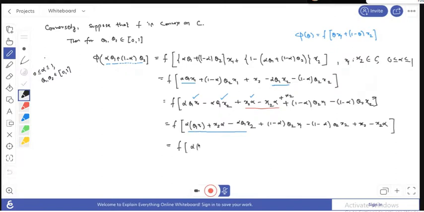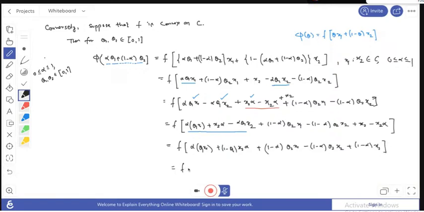We take alpha common, so this becomes theta 1 x1, and here 1 minus theta 1 is common, so alpha x2. Plus here 1 minus alpha, x1, minus of 1 minus alpha theta 2 x2, and from these two we take 1 minus alpha, this is x2.